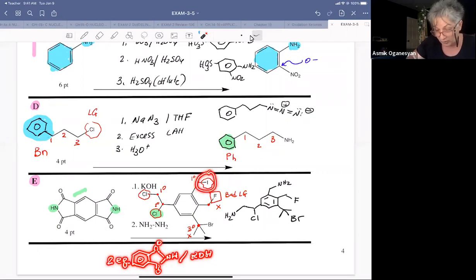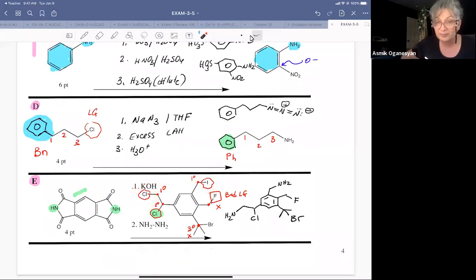This position will react, and this position will react. Okay. Let's move on.